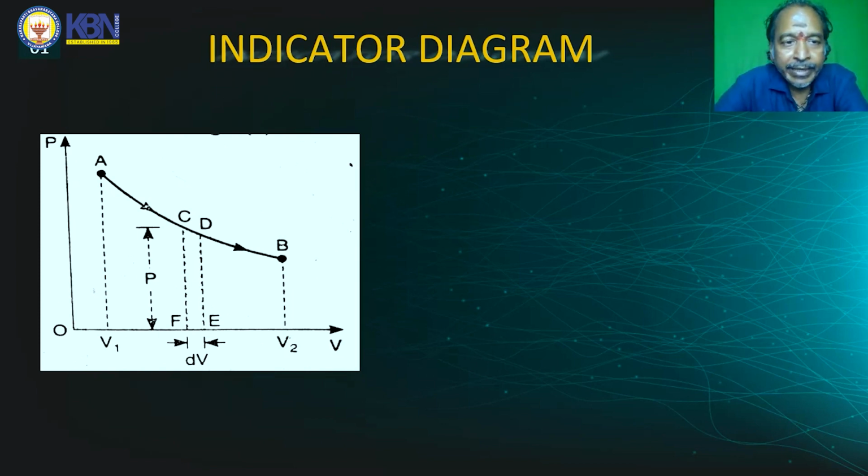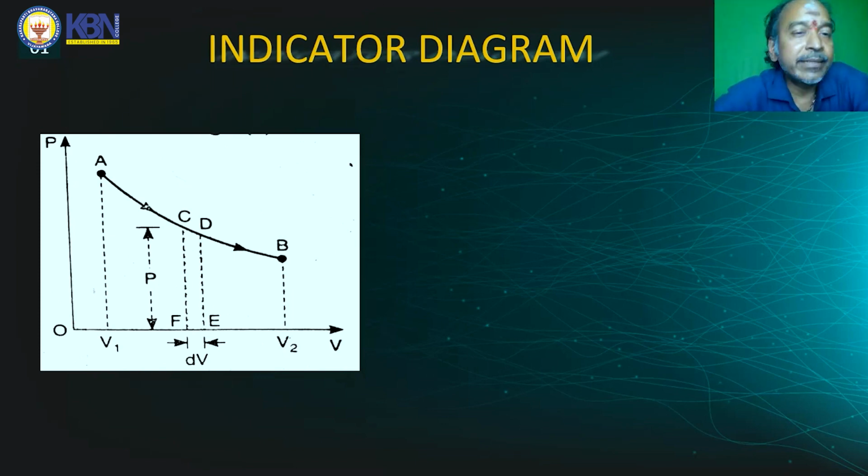That means the area bounded between the curve and the x-axis gives the amount of work done. By using this indicator diagram we can calculate the efficiency of Carnot's engine also. So the indicator diagram represents the initial state, the final state, or the intermediate state of a system.